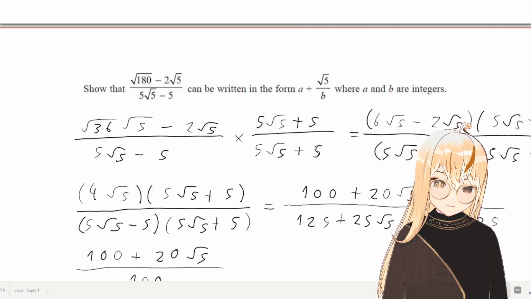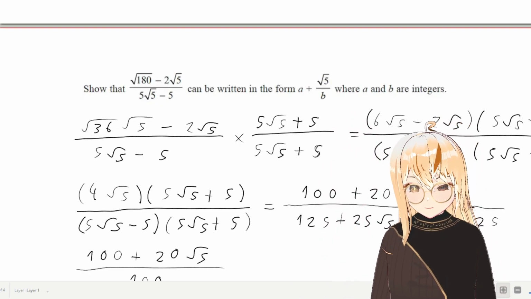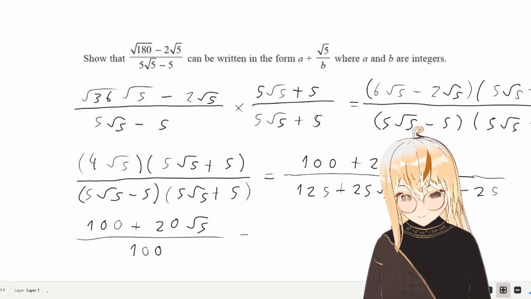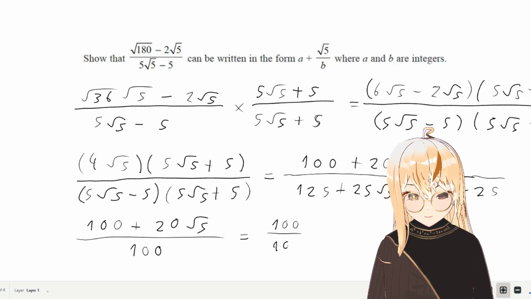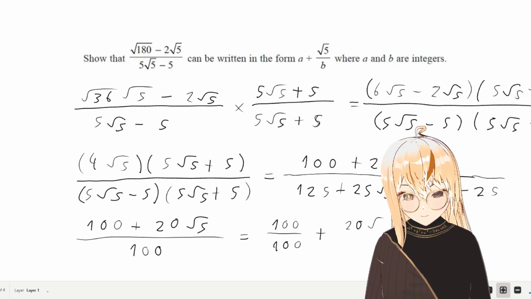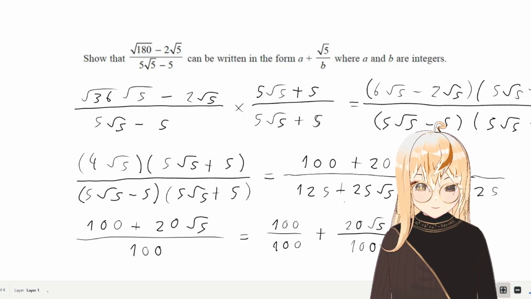Because see how it says a plus root 5 over b? But we've got some kind of different thing down here. So what I'll say is that 100 over 100 plus 20 root 5 over 100 is the same thing.